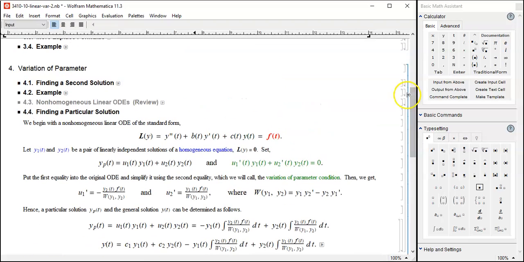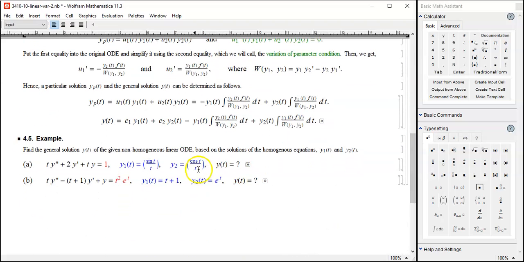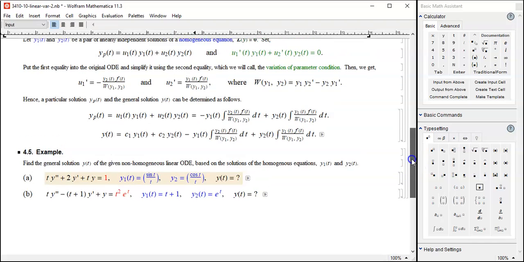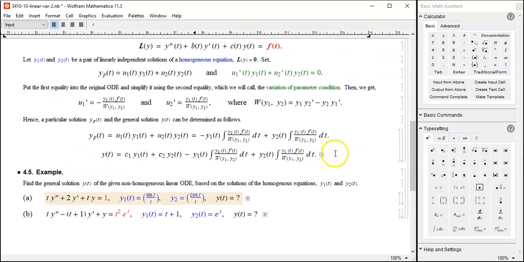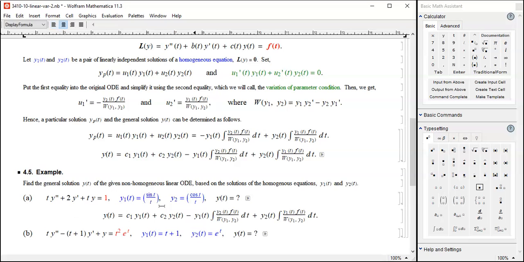So you can use reduction of order here, and then you can find y2. That turned out to be cosine of t over t. These are the solutions of the homogeneous equation, and these two are linearly independent. And here's a non-homogeneous equation. Let's find the general solution of the non-homogeneous equation.